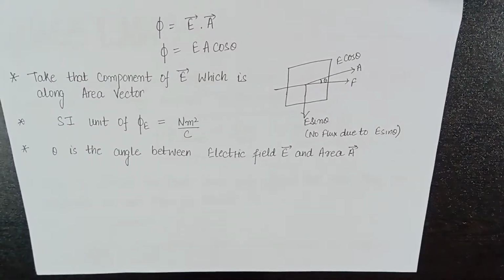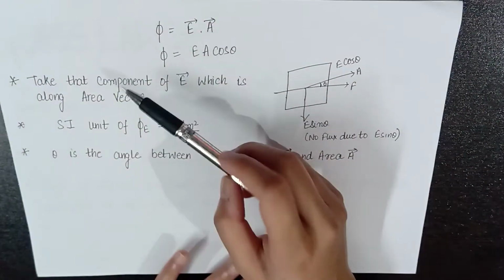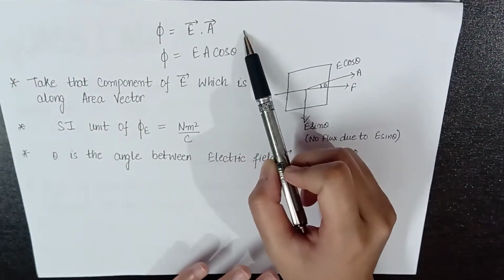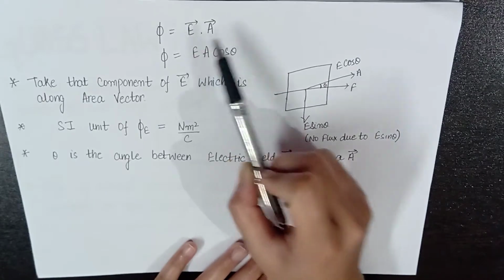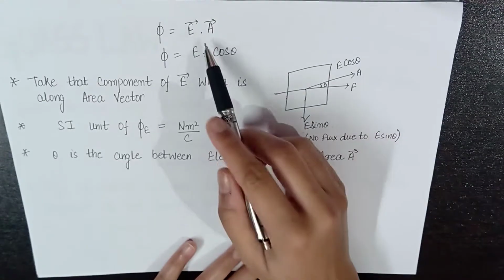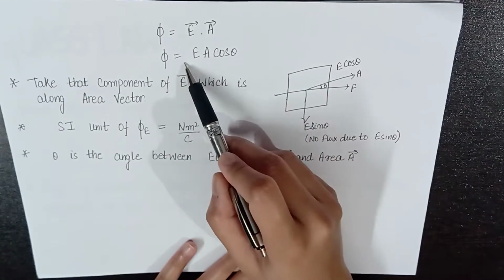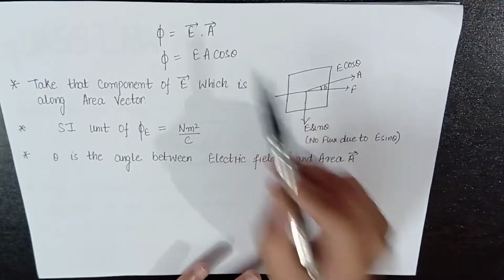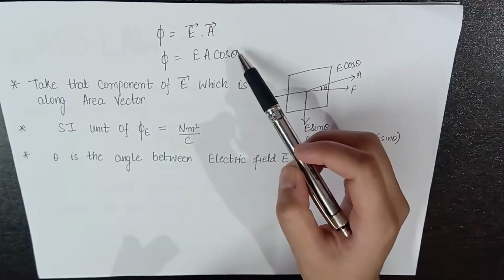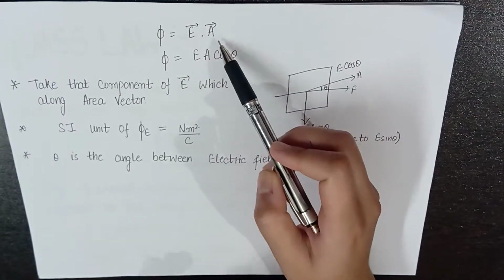Mathematically, the expression of the electric flux is given by E dot A, that is the dot product between the electric field and the area vector. As we have this dot product, opening this, we have the expression phi equals E A cos theta, where theta is the angle between the electric field and the area vector.